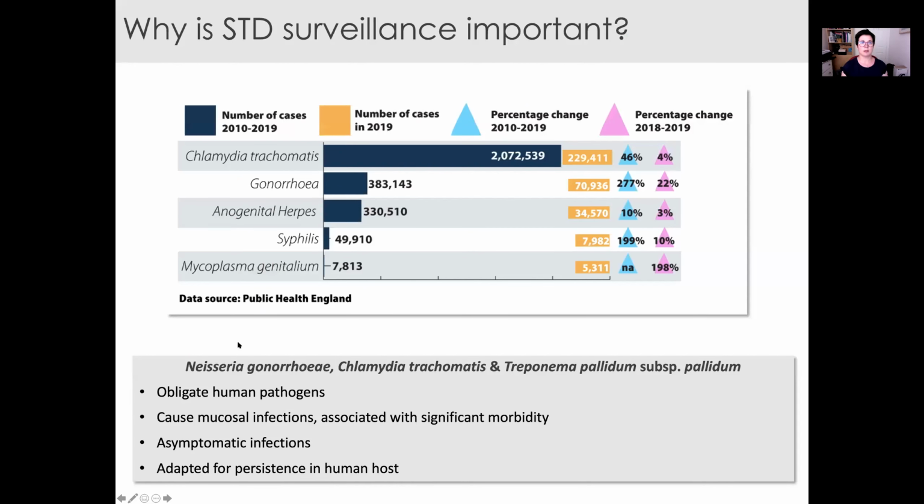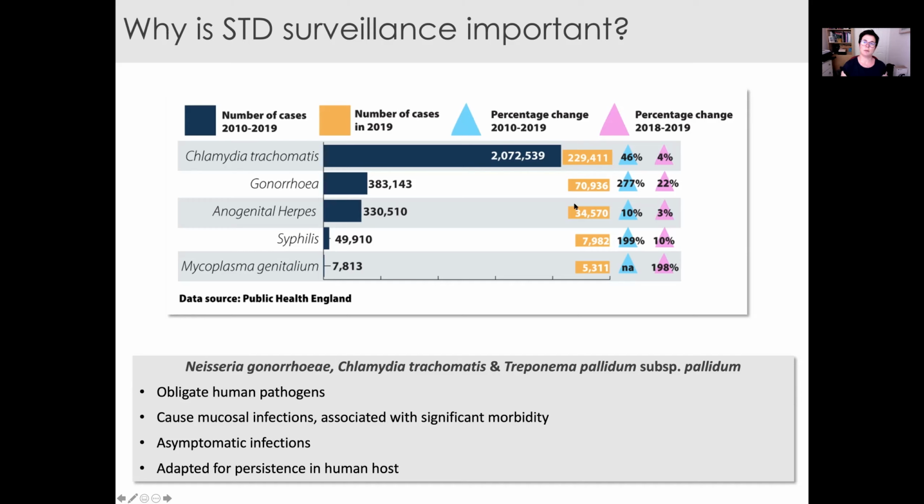So I thought I'd bring up this first slide really to introduce to you why STD surveillance is so important. This is an infographic which I've drawn based on data available from Public Health England. It's really depicting the number of cases in dark blue between 2010 and 2019, the number of cases in orange in 2019 only, these triangles then depicting the percentage change in these cases.